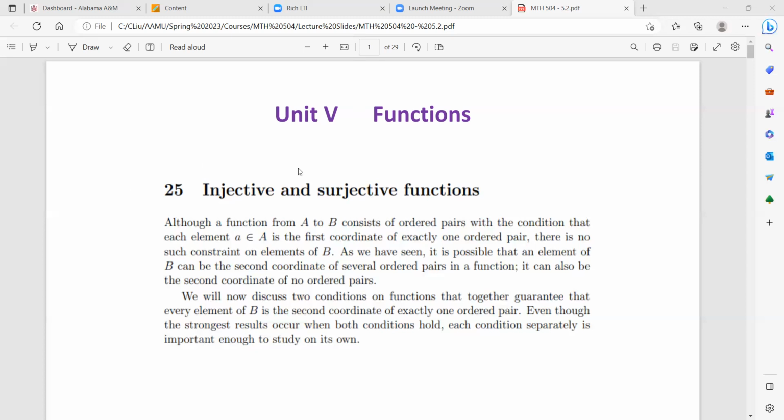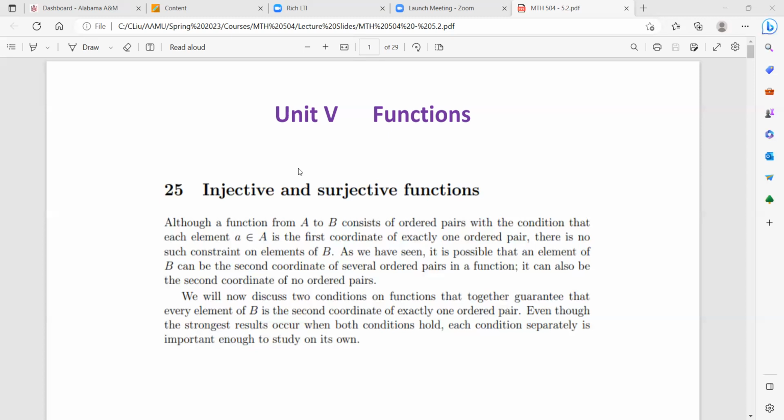We know a function has to be defined such that each element in the domain can only be paired with a unique element in the codomain. But it doesn't say anything about the elements in the codomain.